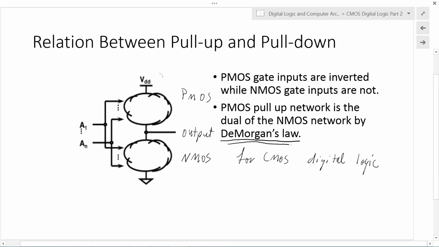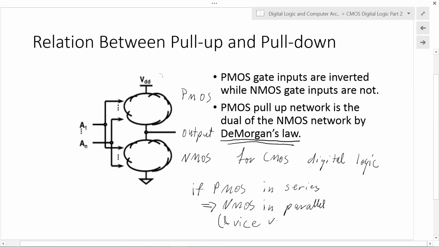Therefore, if PMOS are in series, this implies that the NMOS are in parallel, and vice versa. Very, very important.